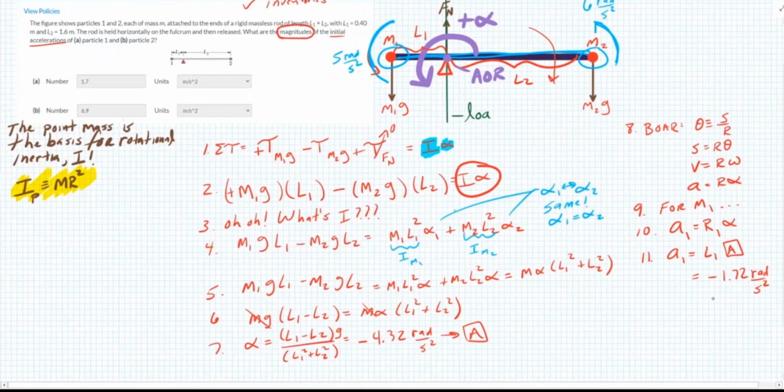As soon as they specify magnitudes, I leave off the negative and enter 1.72 radians per second squared.